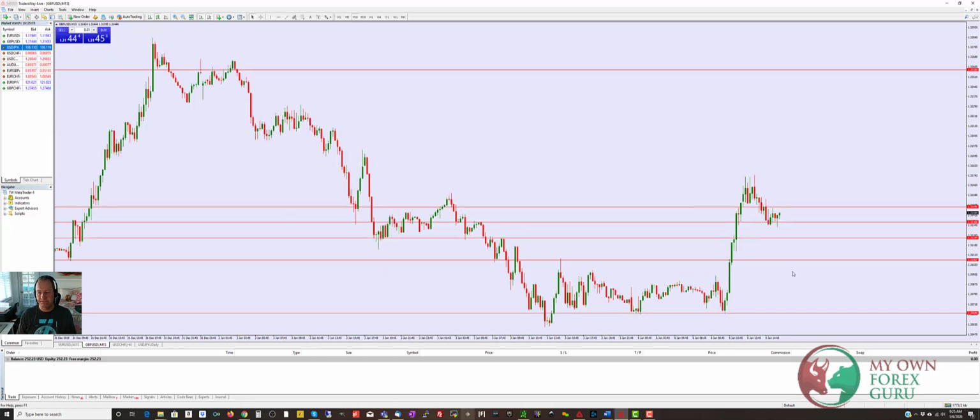So, again, there's a pivot right here. Also, this is a consolidation. This area, let me get a box in here.